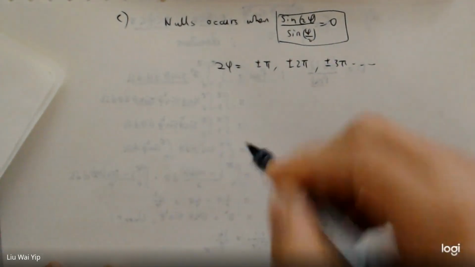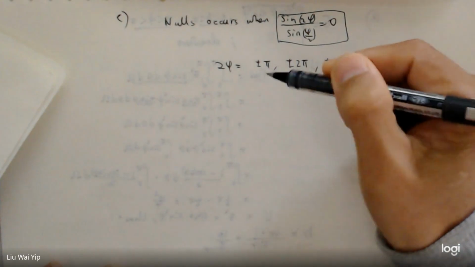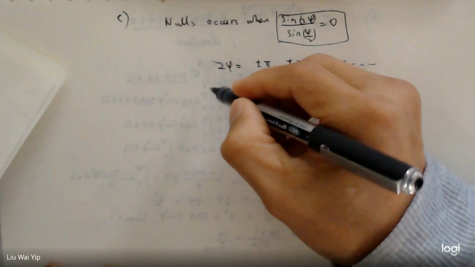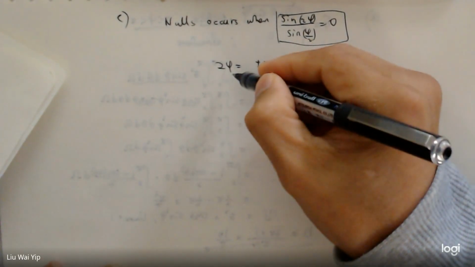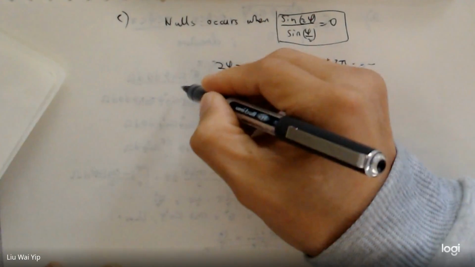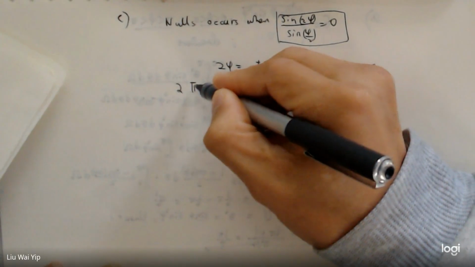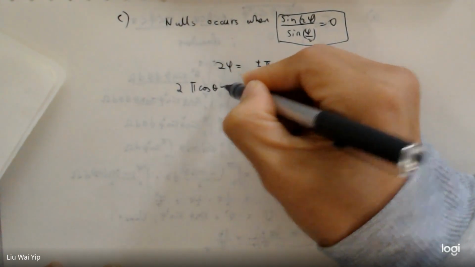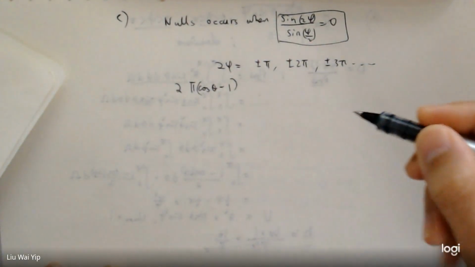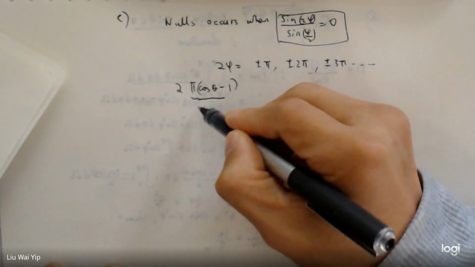And psi here is equal to pi cosine theta minus 1 times pi. So according to the previous part of the question, that's what we get from the expression of psi.